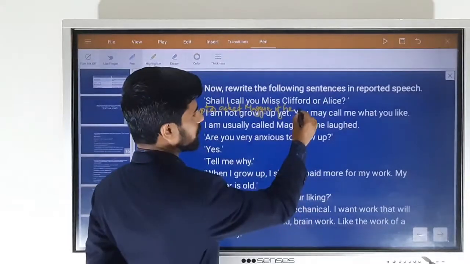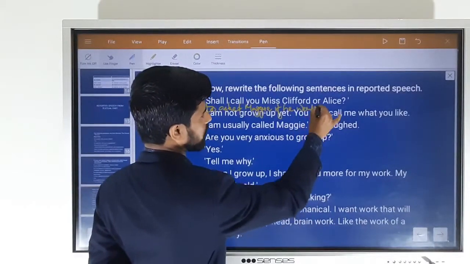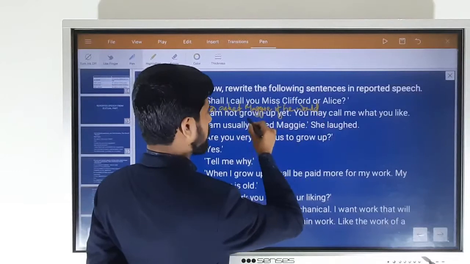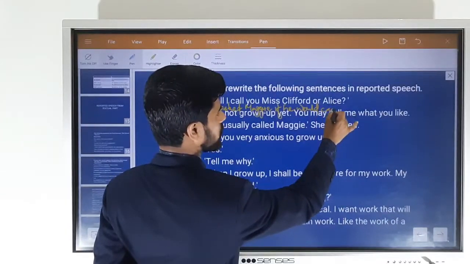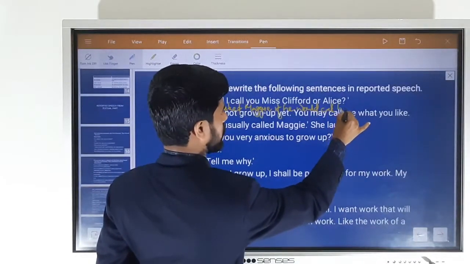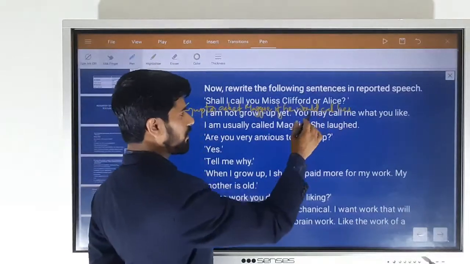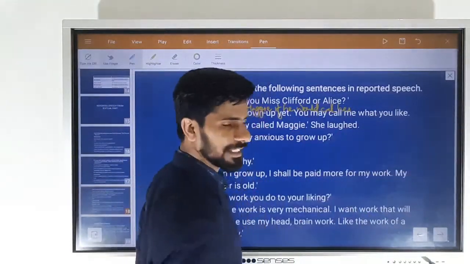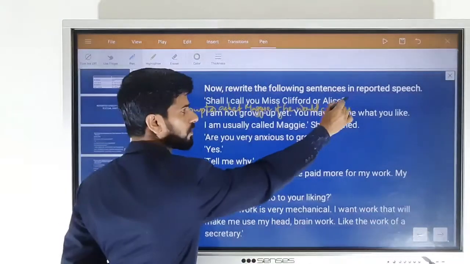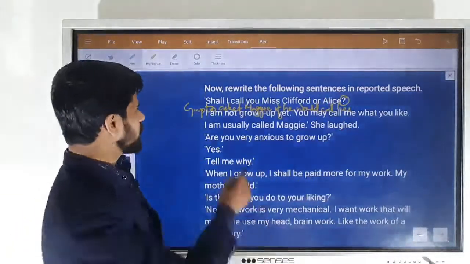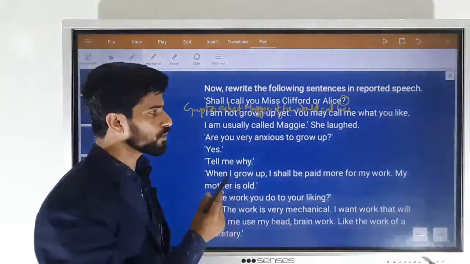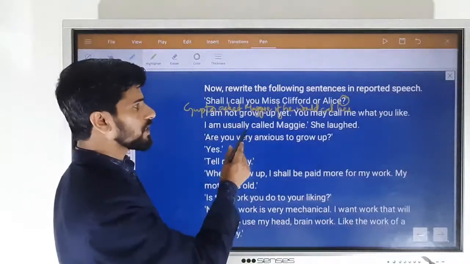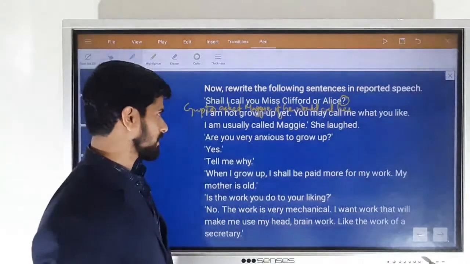If he would call her, instead of you write her, Miss Clifford or Alice. Same, and remove the question mark. That's it. So Gupta asked Maggie if he should call her Miss Clifford or Alice.